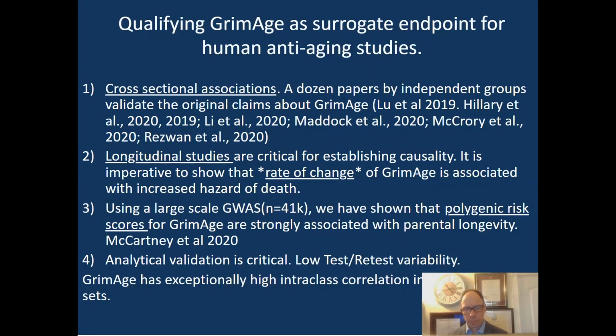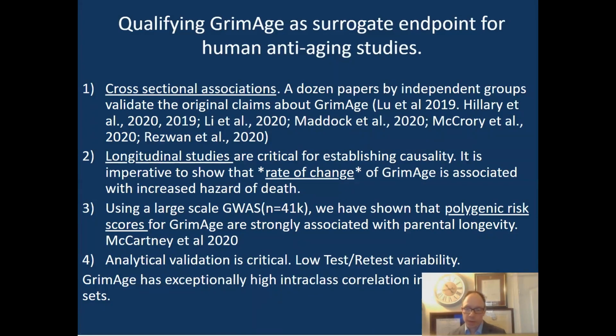I want to also mention we have published a large-scale GWAS of GrimAge, but also other epigenetic clocks, and we have polygenic risk scores for these epigenetic biomarkers, so you can download them for free.